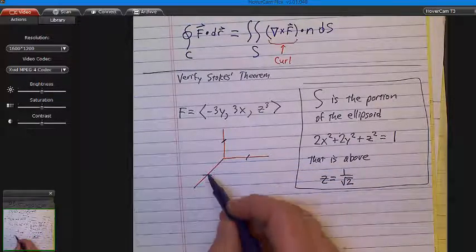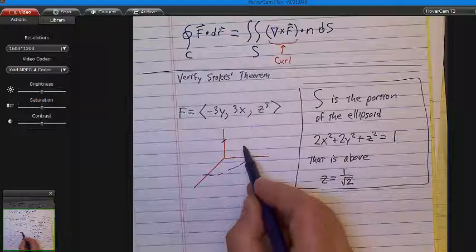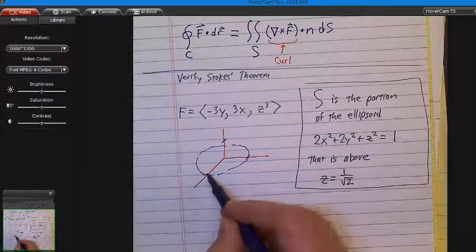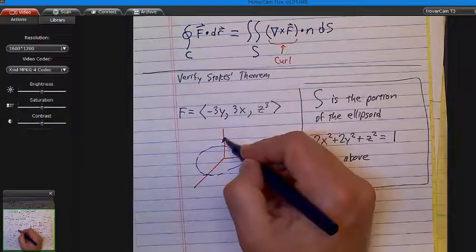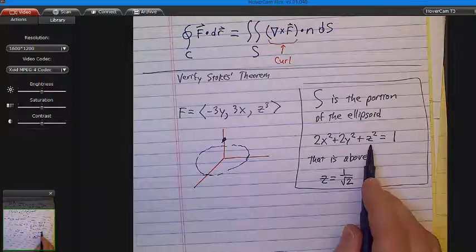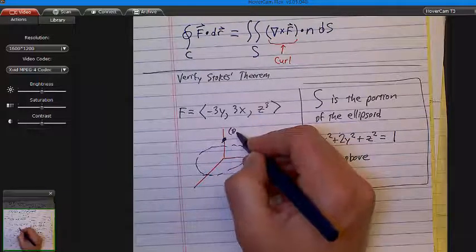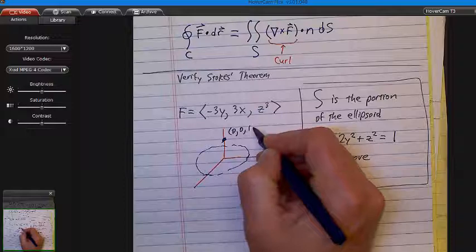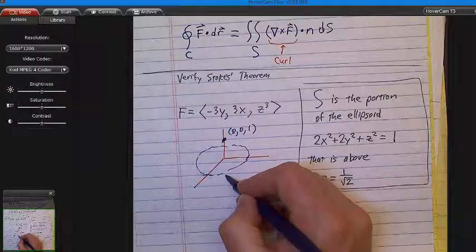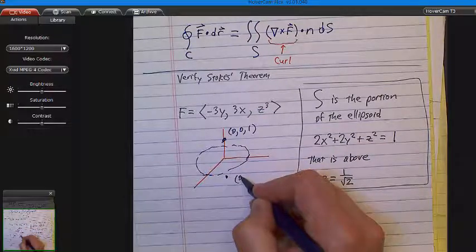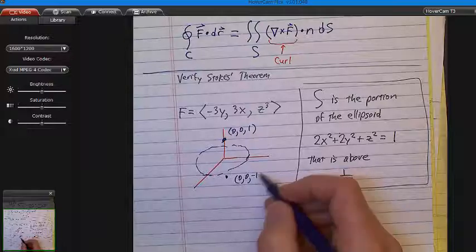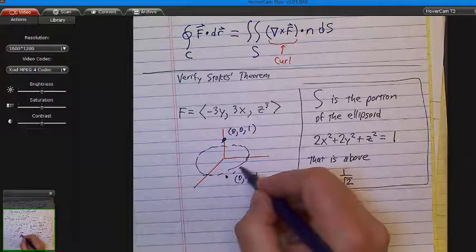And so at any particular place I have a circle, right? But up here at 1, if I threw in 0, 0, 1, that's a point on the ellipsoid. And if I threw in 0, 0, negative 1. And so I'm picturing kind of a sphere, but not quite.